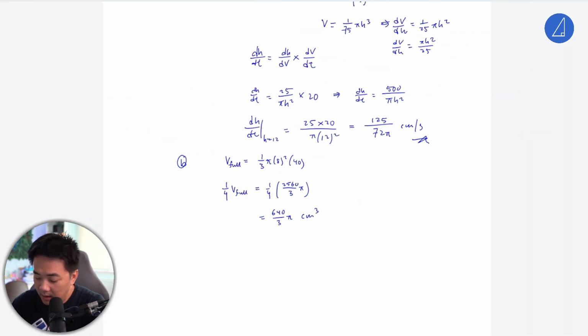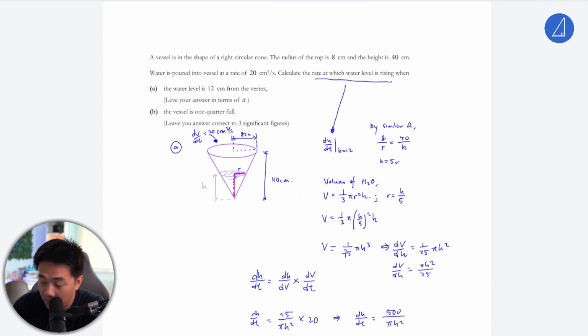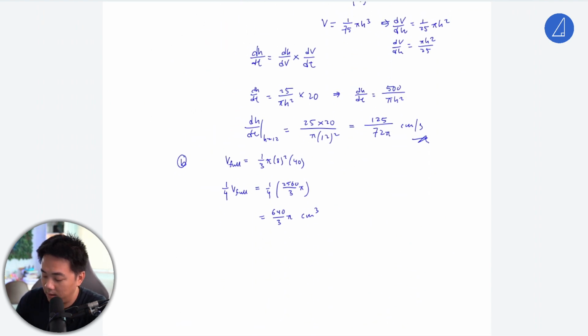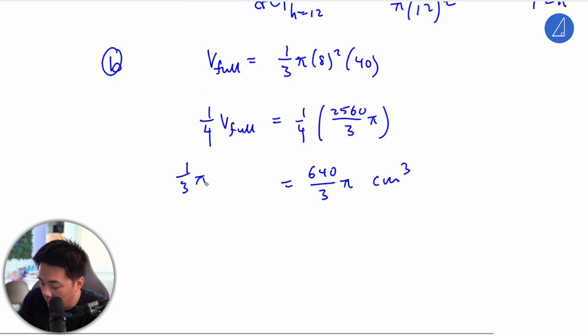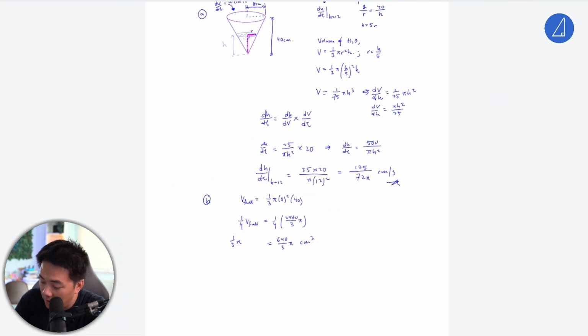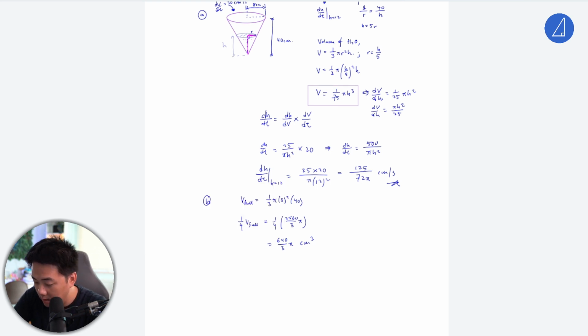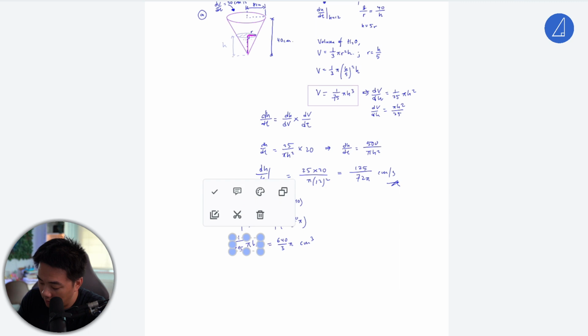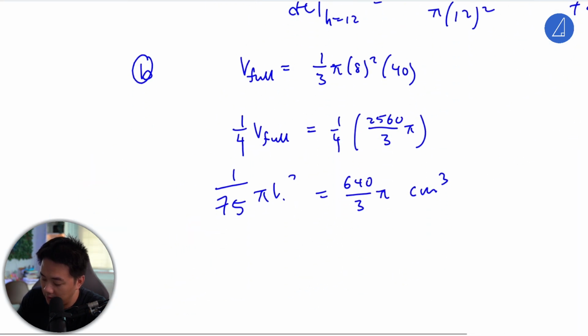Now what we need is to find out the height when it's one quarter full. We know that this will just be 1/3 pi r square h, but like we established, the volume is this one, pi h cube over 75. I'm going to use this because I don't want to find the radius. So we just use this to find out the height of the water.